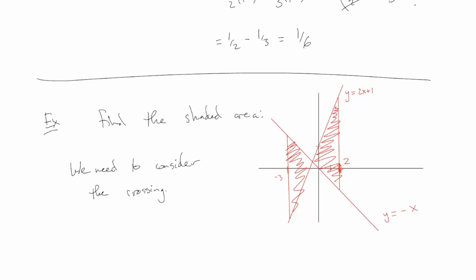The reason the crossing makes things a little weird is because if you look at this thing overall, there is no bigger versus smaller, because on the left side, y equals -x is bigger, but on the right side, the other one is bigger. So you can't just set it up as one single integral. We have to break this into 2 parts.